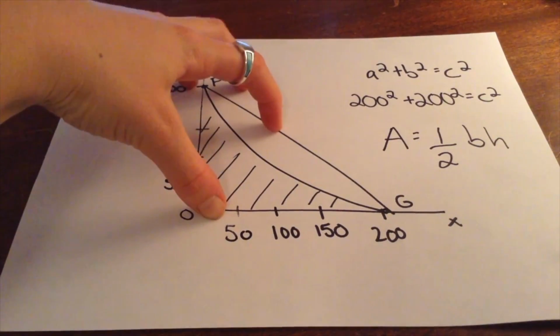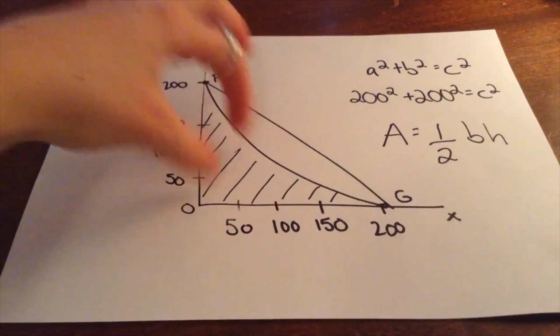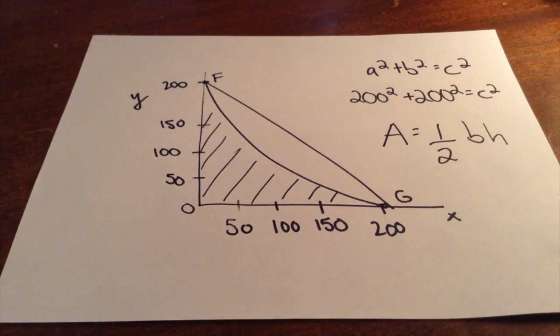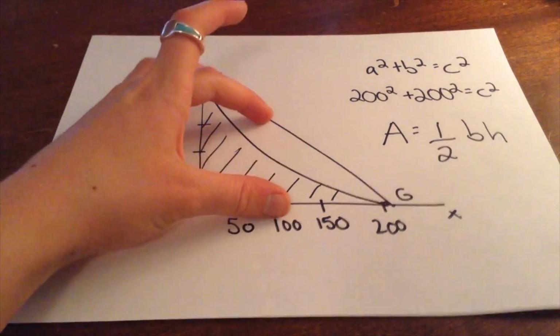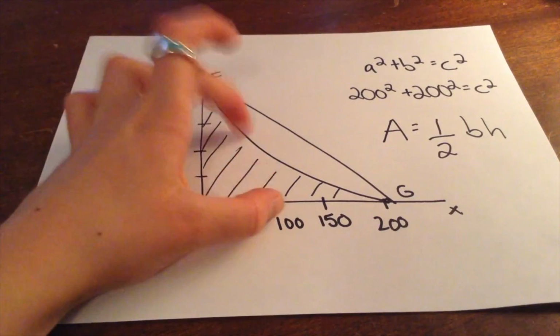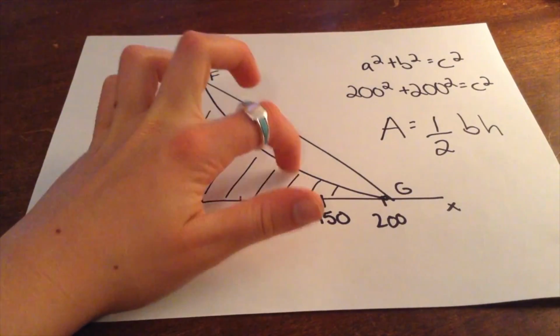So he found this whole area, but you wanted to find this area. So it looks like the answer would be F. The area of the shaded region is less than 20,000 square units because the curve lies under FG. The area of the triangle that he found is greater than the shaded area just because this lies under it.